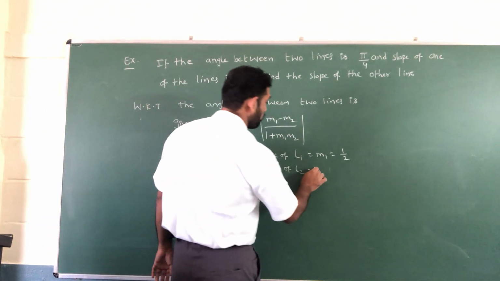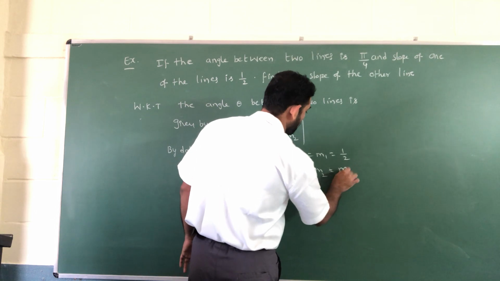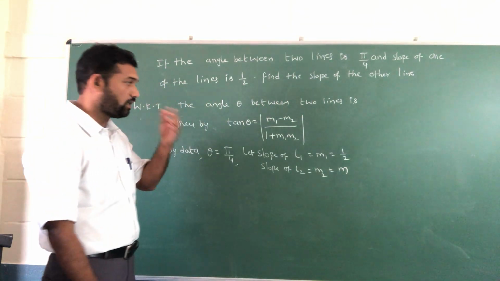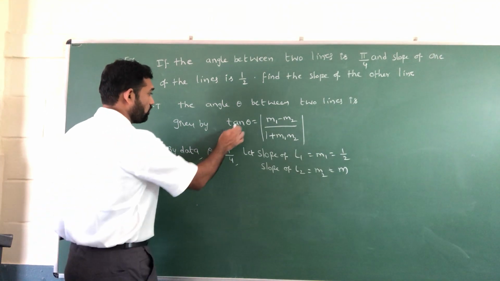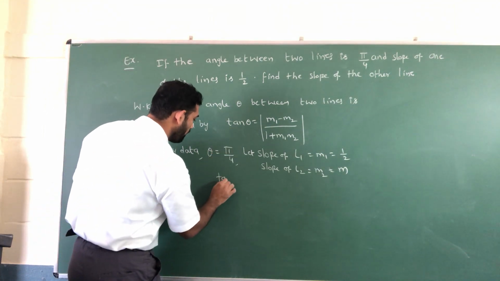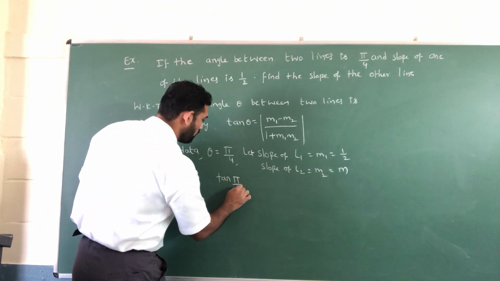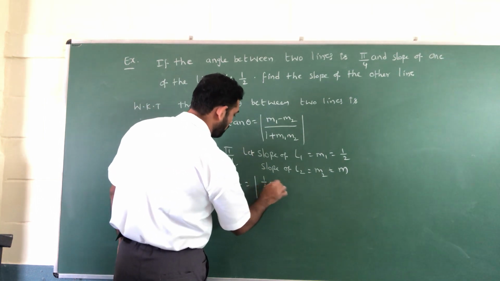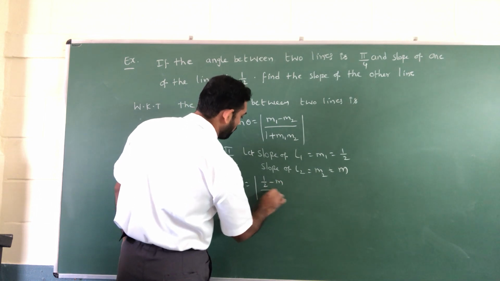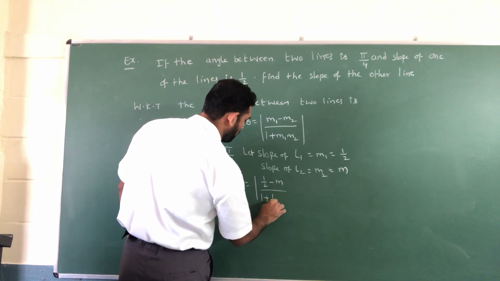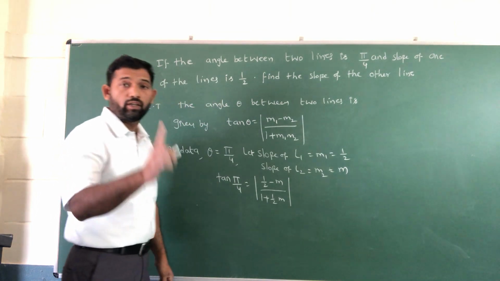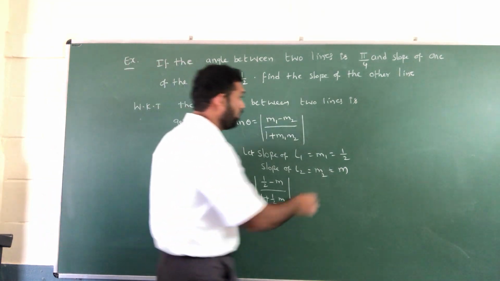Another slope is m2, I will consider m. You substitute the values here. So tan pi by 4 is equal to modulus of m1 value 1/2 minus m2 value m, divided by 1 plus 1/2 into m. Now simplify this. Tan pi by 4 value is 1.